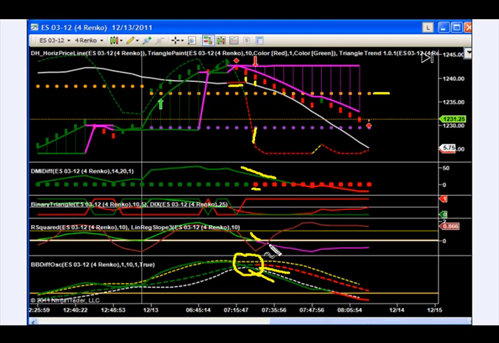Now you can see over here right after, in fact on the next bar, I think it was after I entered this trade, the linear regression slope was moving down and the R-squared was moving up. The trigger line of the R-square is hidden behind the zero line right here.